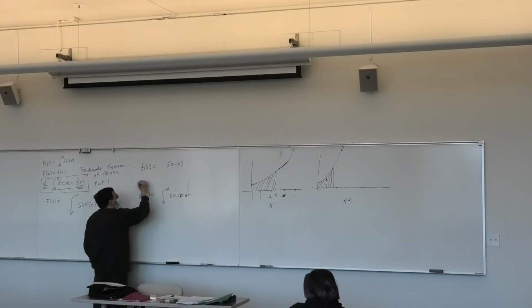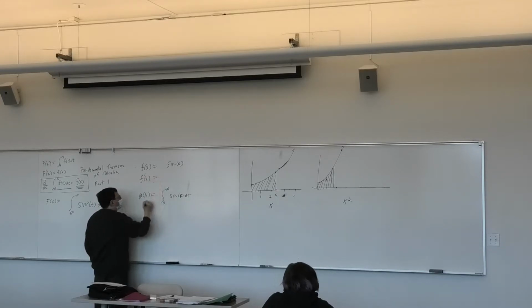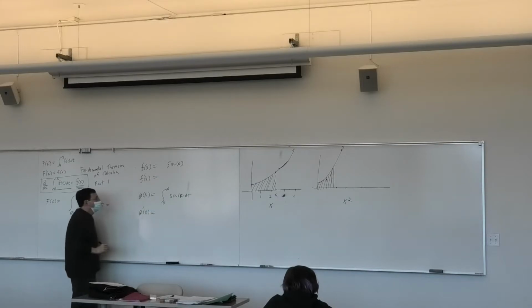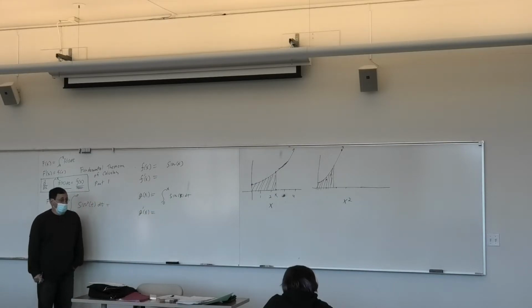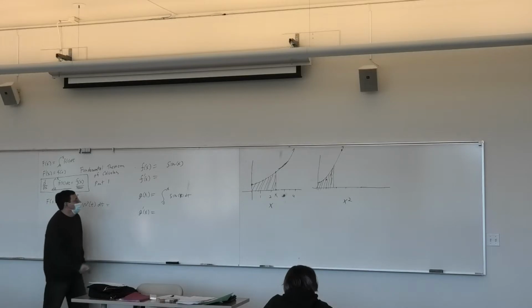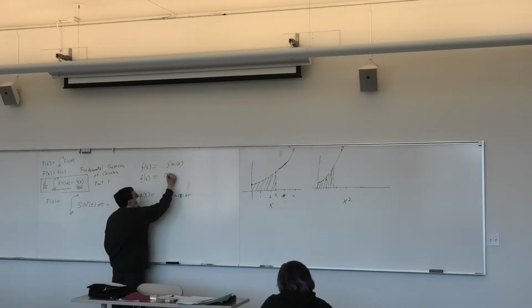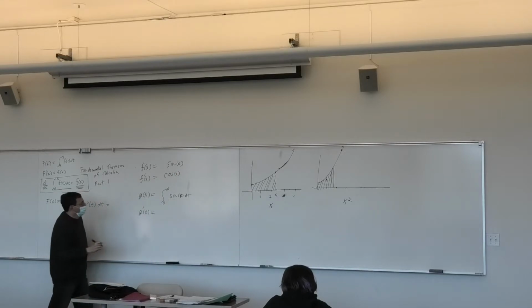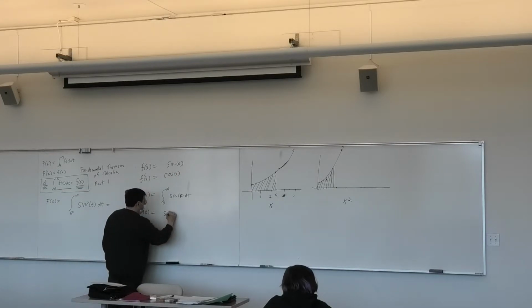Now I want to know what the derivative of f of x is and the derivative of g is. They look similar, right? But we know the answer to this. This is cosine of x. This is just sine of x.